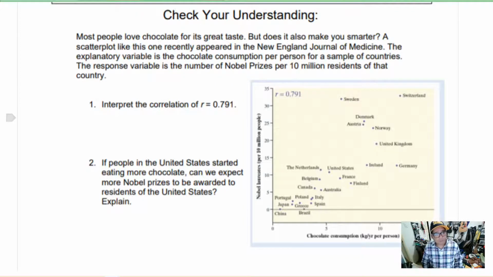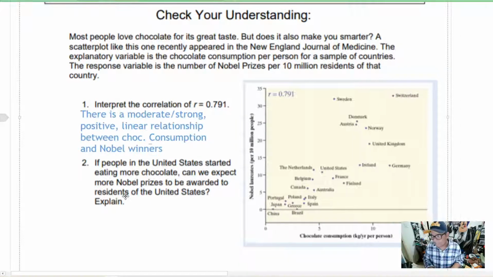So let's interpret the value of R equals 0.791. Since R is close to 0.8, we would probably say that there is a moderate to strong positive linear relationship between chocolate consumption and Nobel Prize winners.